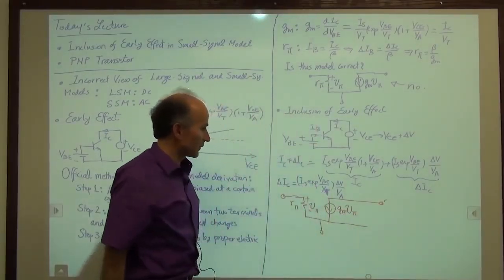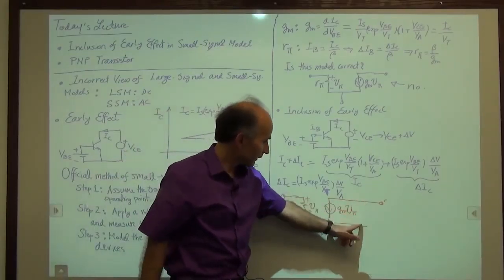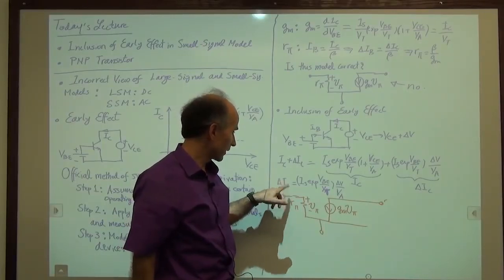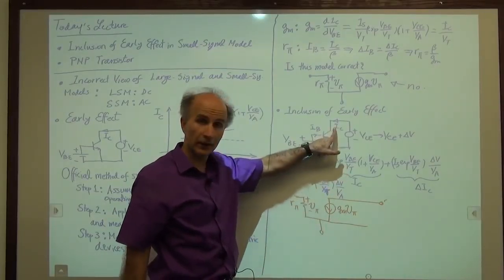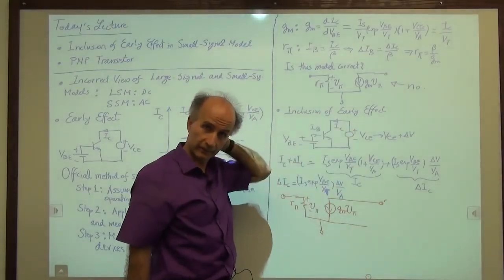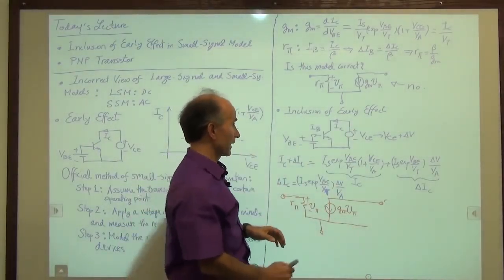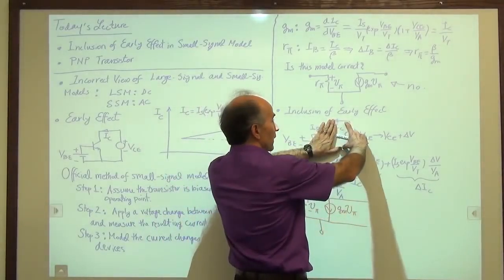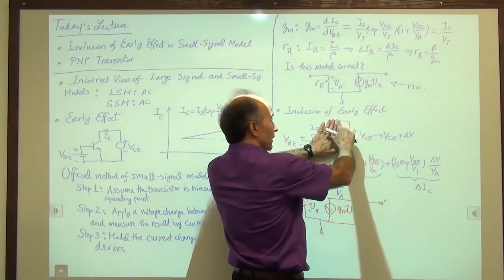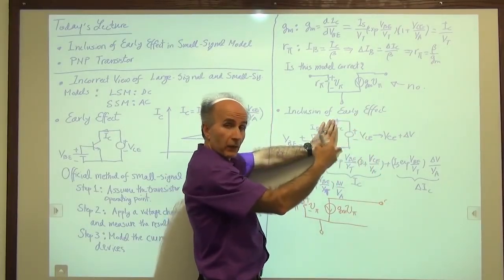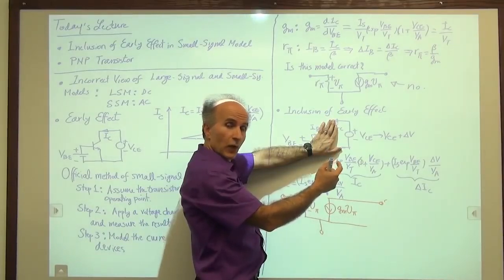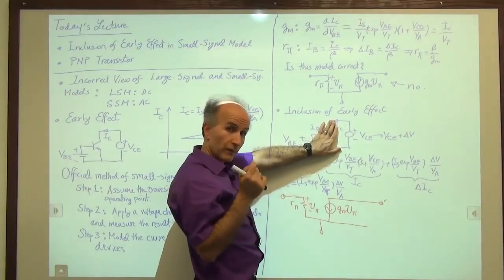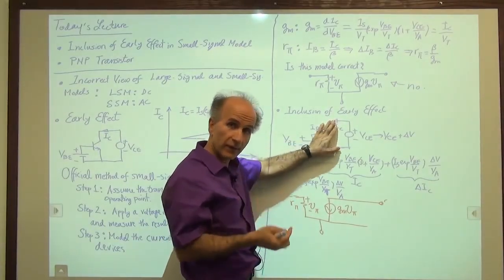And what we observe is that if the collector emitter voltage changes, there's a current drawn. And the relationship between the increase in the current and the increase in the voltage is linear. So imagine, again, you put all of this in a box. And what you see is that when we increase this voltage by delta V, this current increases by some delta IC, and they are related by a linear term. So how do we model that box? How do we model this behavior? It's just a resistor. So as far as the changes are concerned, it's just a resistor.